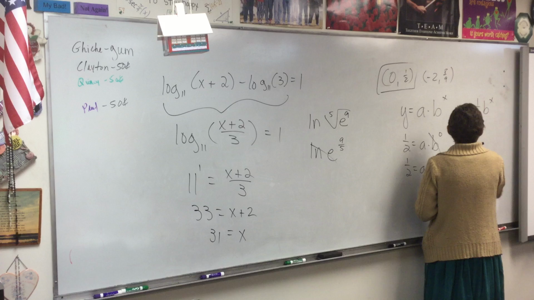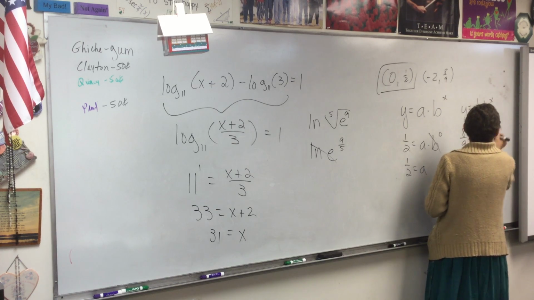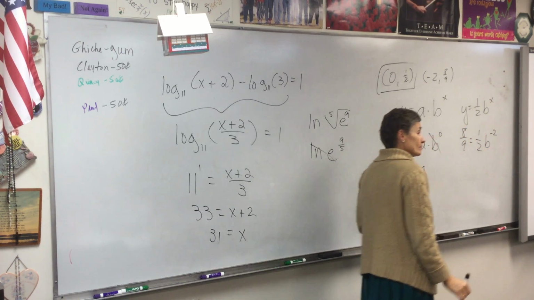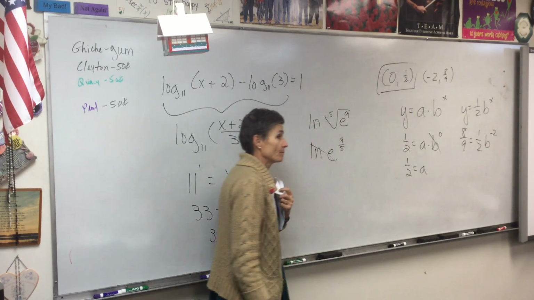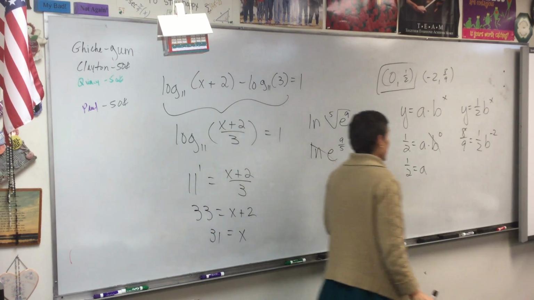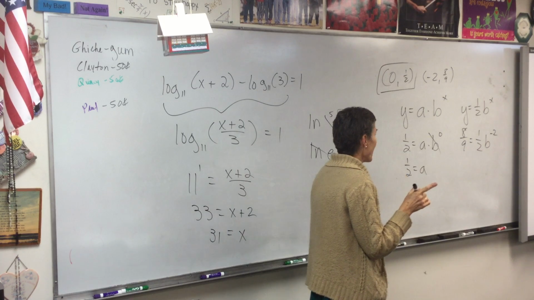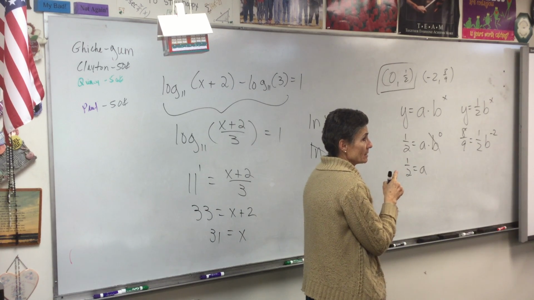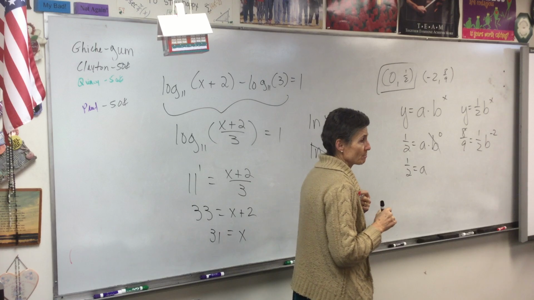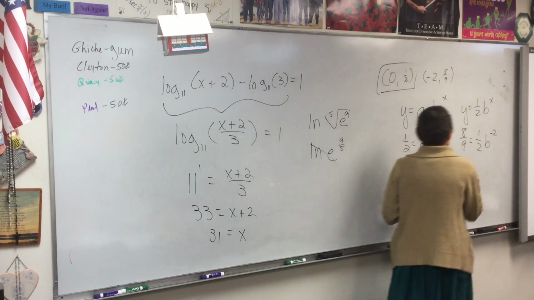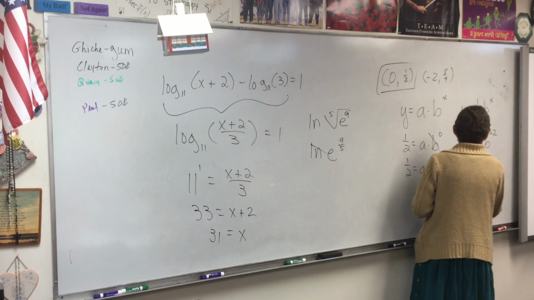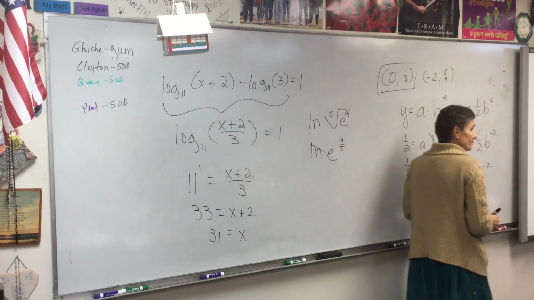So 8/9 equals 1/2 b to the negative second. So it wouldn't be 1 over b squared. Before I did that, I would get rid of that 1/2. So I'll multiply both sides by 2. So 16/9 equals b to the negative second.